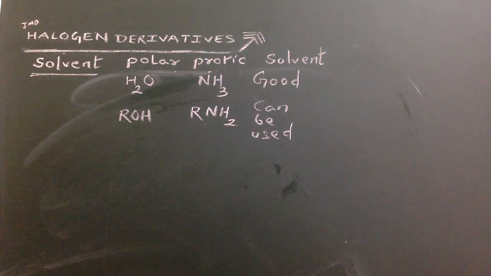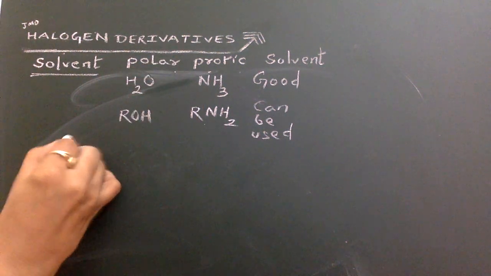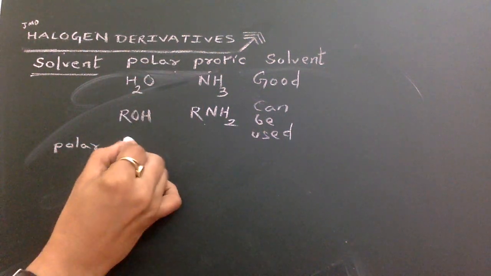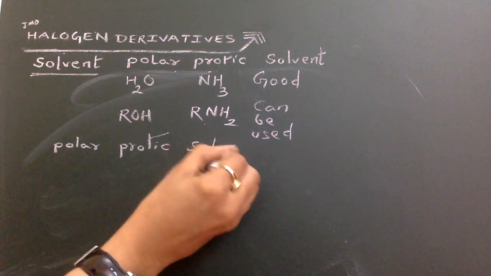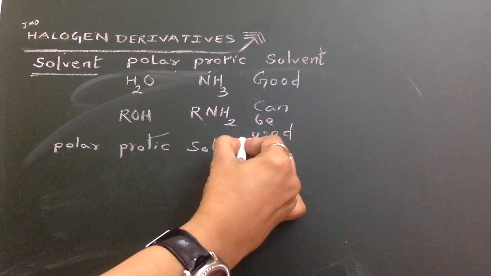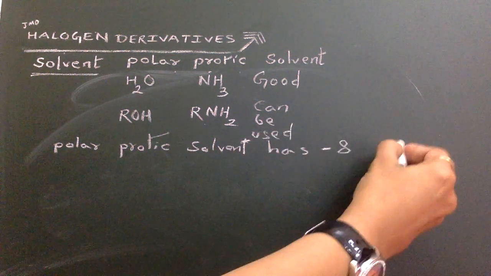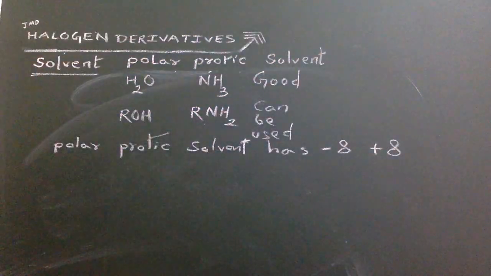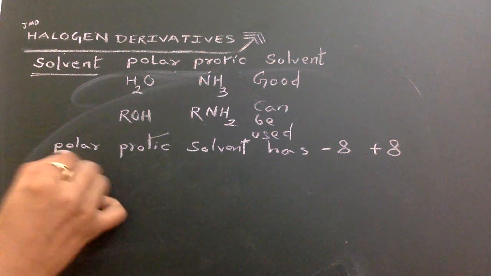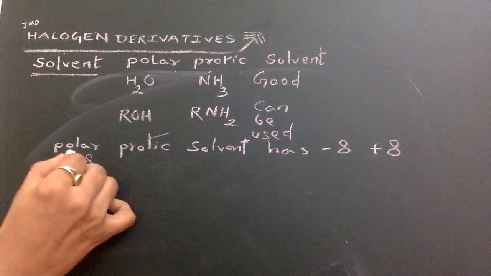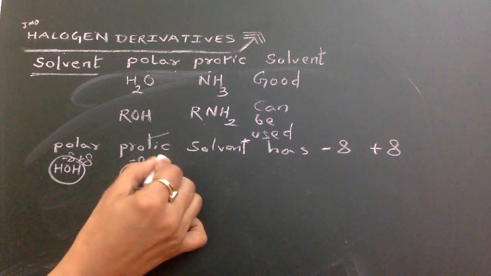Now, since a polar protic solvent has partial negative and partial positive charge on every solvent molecule, say when I take water, then every water molecule has the electronegative and the electropositive.